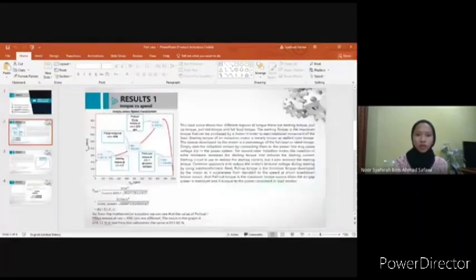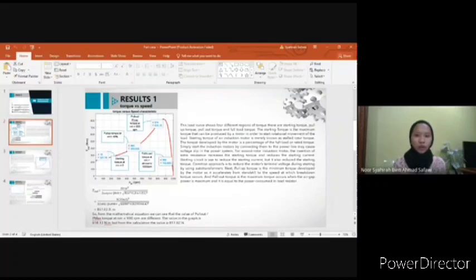So for result 1, which is torque versus speed, this curve shows different regions of torque: starting torque, pull-out torque, and full load torque. The starting torque is the maximum torque that we can produce by a motor in order to start rotational movement in the load.